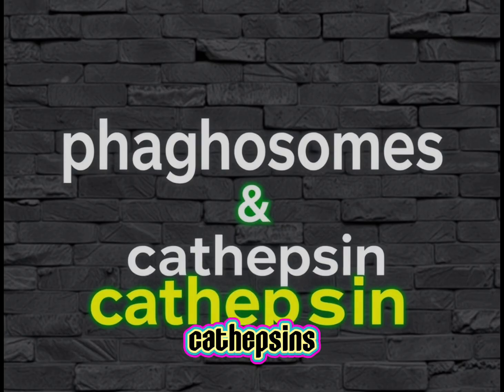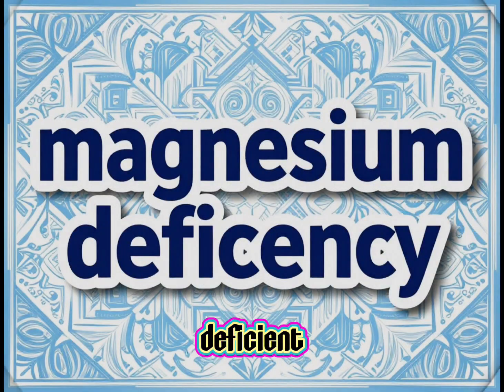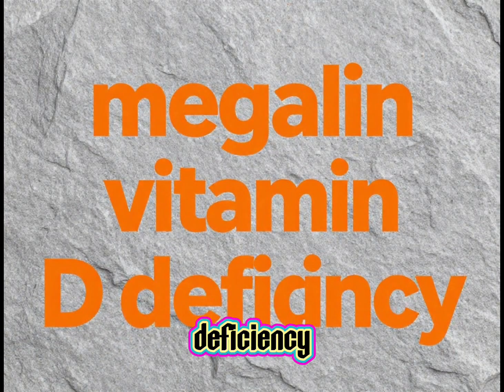If the cathepsins are absent, then the vitamin D complex is not degraded, therefore leading to a deficiency of the active form. If magnesium is deficient, then the lysosome cannot fuse with the phagosome, therefore no degradation of the vitamin D complex.